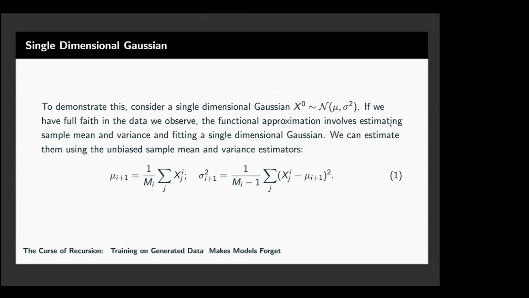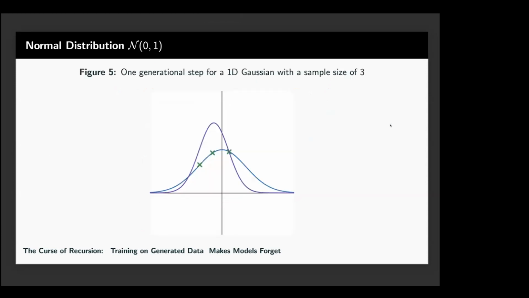I will quickly mention this, because in the very simple Gaussian case that I think most people study when they're in school, if you fit an approximate mean and an approximate variance to your one-dimensional Gaussian, you can imagine sampling it a very finite number of times. So if you sample the blue curve 3 times, and then you fit another one through those samples, you can see that you start decreasing in variance, because if you were to sample the tails enough, then you would fit the true distribution much better.